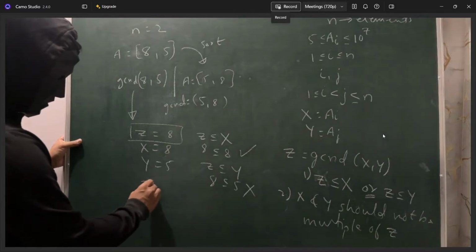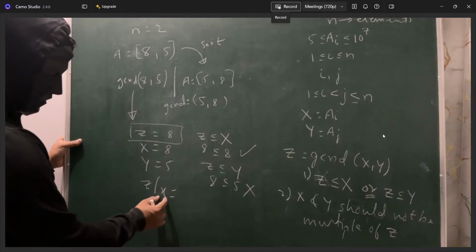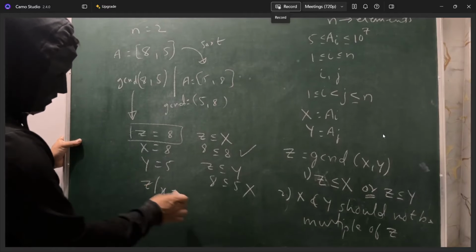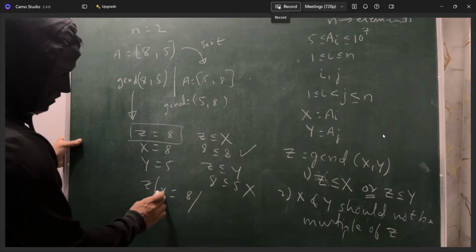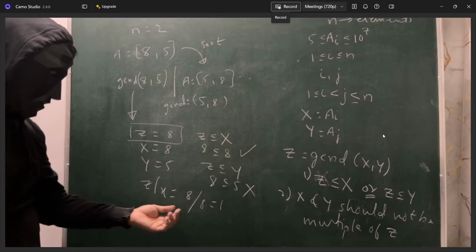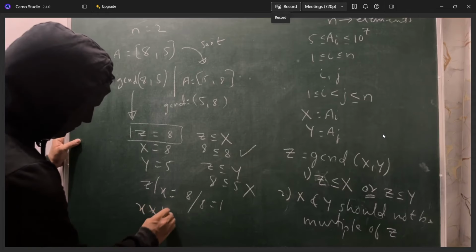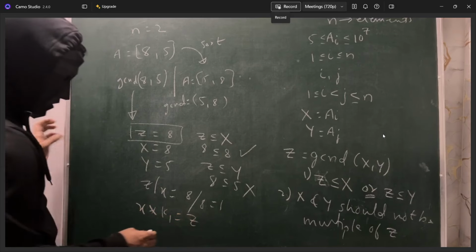If you try to take x divided by z, in this case z is 8 and x is also 8, 8 by 1. Since I was telling x into k1 equals z, you'll have to find that.